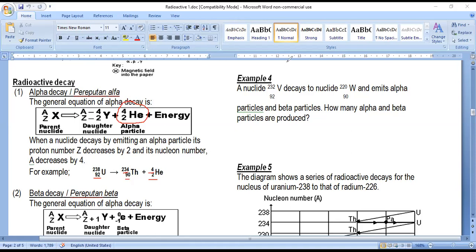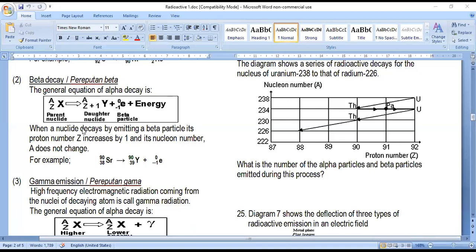Now how about beta decay? For beta decay, let's say element X decays to become Y and emits a beta particle. The beta is 0, -1, an electron. So what happens to your proton number? Your proton number will increase by 1.